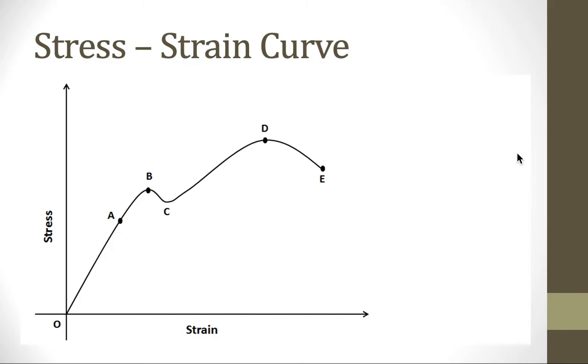So the important thing to take away from this graph here, without understanding all the different details of it, is that a bone or any material can absorb a certain amount of force before it gives way.